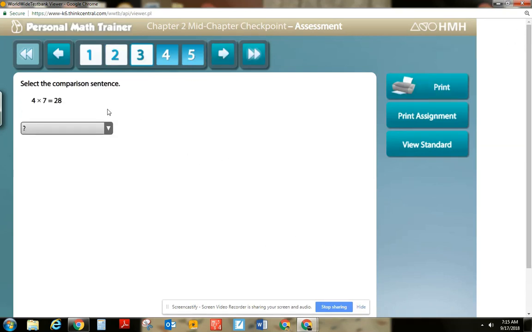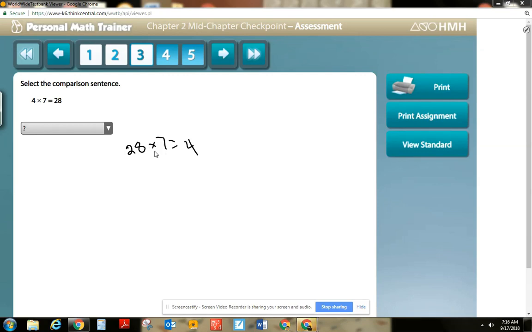All right, let's take a look at number 3. Select a comparison sentence. 4 times 7 equals 28. If you remember back, we talked about when we are looking at these comparison sentences, we can just read them and write them. So let's go 28 times as many as 7 is 4. 28 times 7 equals 4.